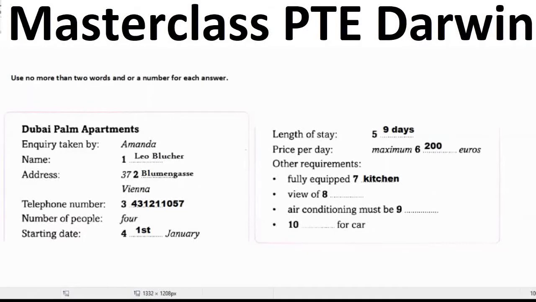Let's rewind it. Now they live in the apartment. If you closely see it, hundreds of miles from the sea, so they'd really like to be able to see it.